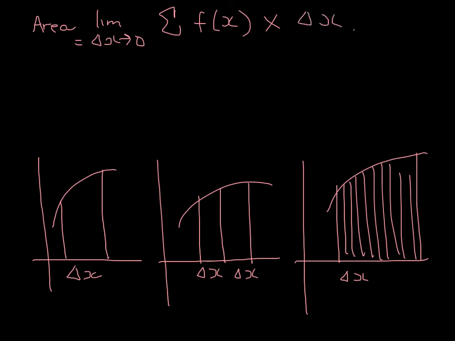Now over lots and lots of problem solving and probably hundreds of years, the terminology changed a little bit. The limit was dropped, so the area now we write with the sigma sign stretched out. They probably just got sick of writing it perfectly, so they were rushing, they stretched it out, and it's f of x dx, where the delta changed to a d, between the limits, whatever limits we want.